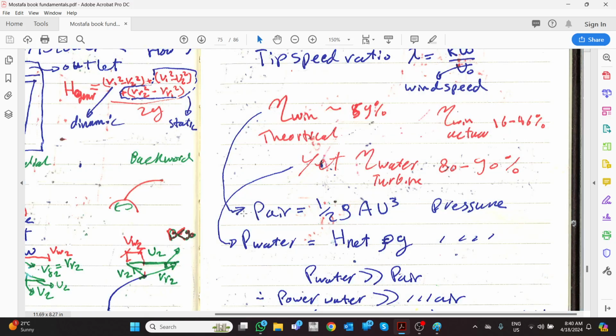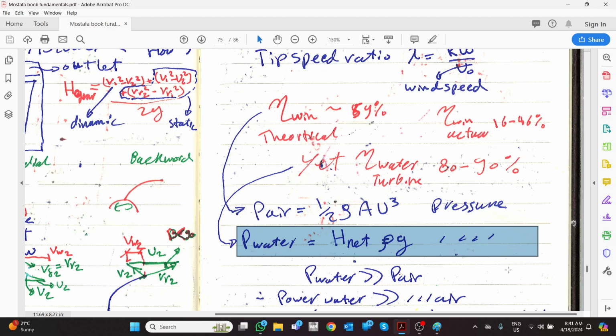So the available head you can get from the water is hugely bigger, because from the water we are converting potential energy to useful energy. Potential energy has no function with the velocity itself, yet we change from potential energy to velocity, and from velocity to whatever.